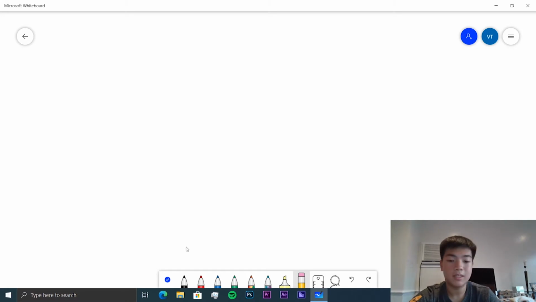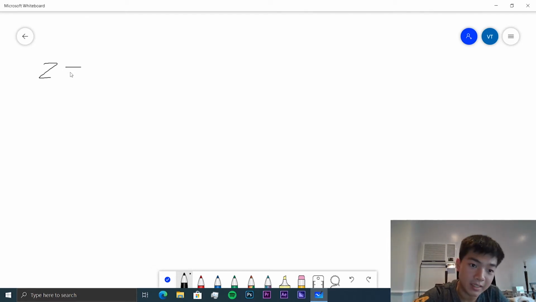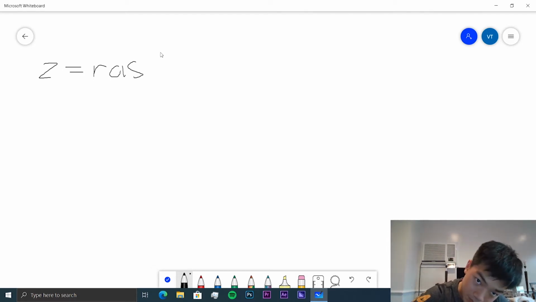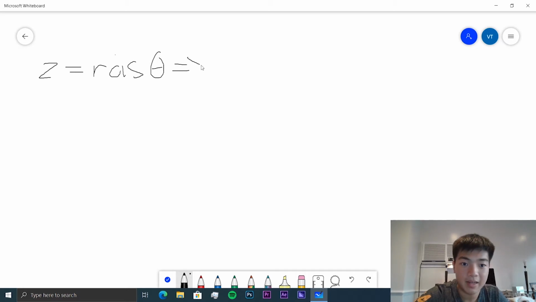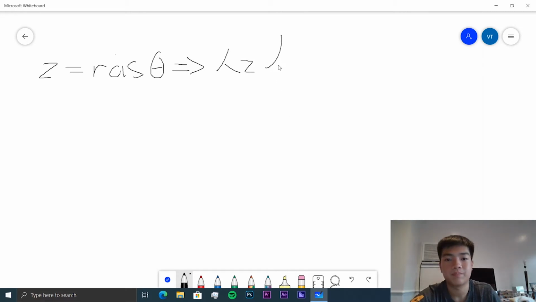But next, we can do multiplication by a scalar, and that one is quite easy, since we already have the magnitude of the polar number as its modulus. So, say we have z is equal to r cis theta, then lambda z, where lambda is a real number, is equal to just lambda r cis theta.